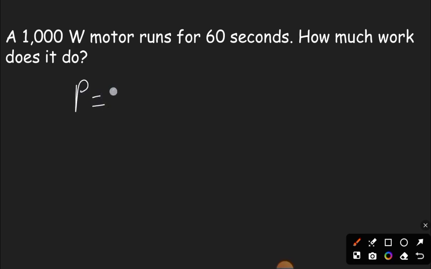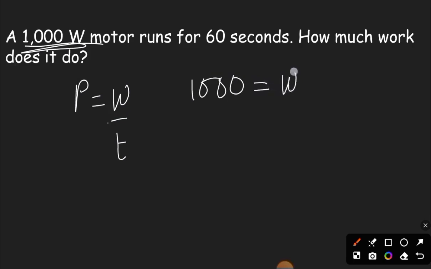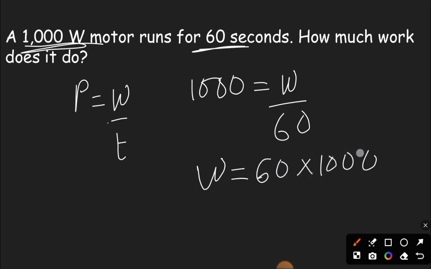So power equals work done over time taken. So the power over here is 1000 watts. 1000 equals the work, we don't know it, over 60 seconds, which is the time. So the work equals 60 multiplied by 1000 equals 60,000 joule or 60,000 Newton meter.